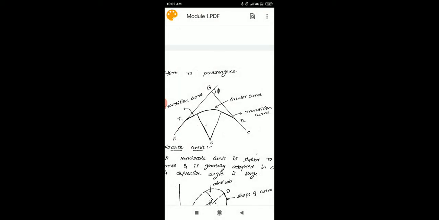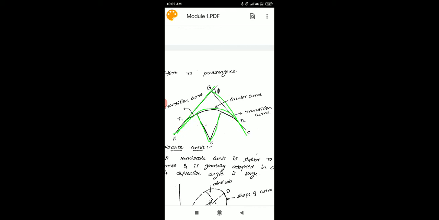See here, this screen shows a transition curve. By using radius 1 and radius 2, and also tangent 1 and tangent 2, we will get the transition curve.